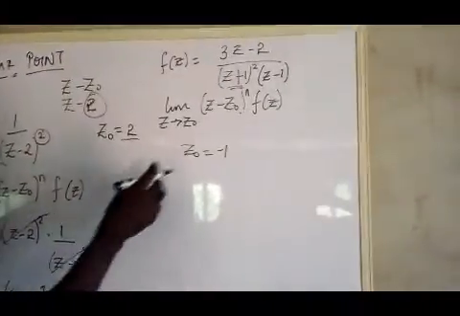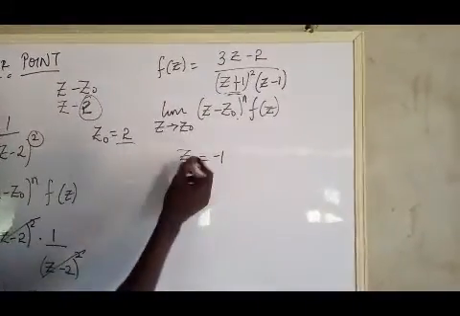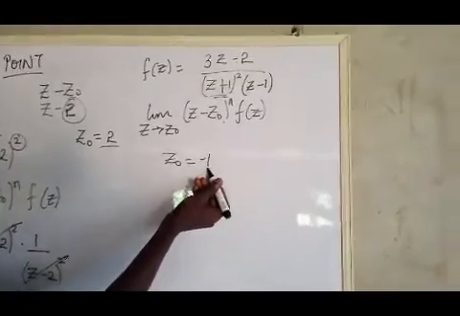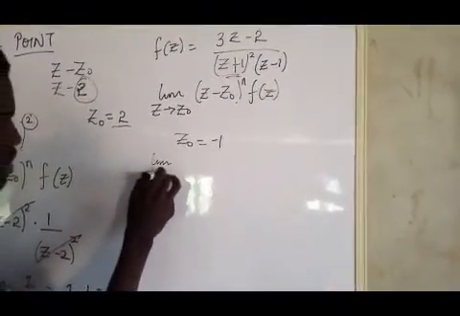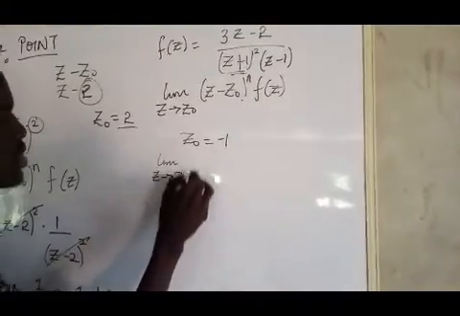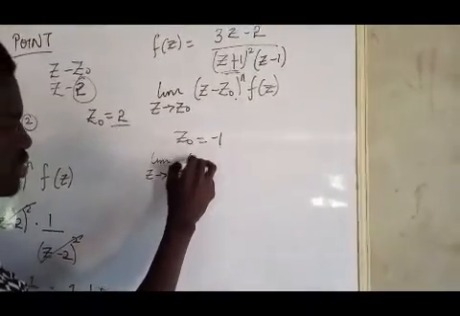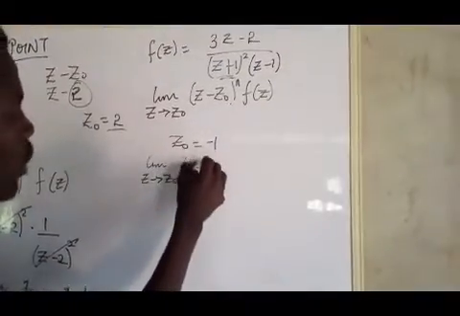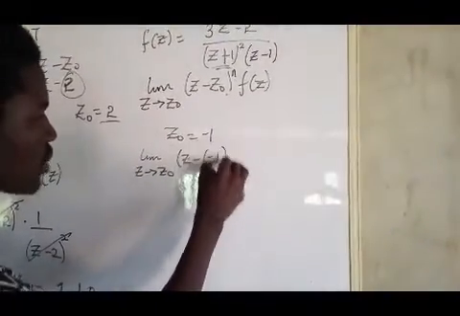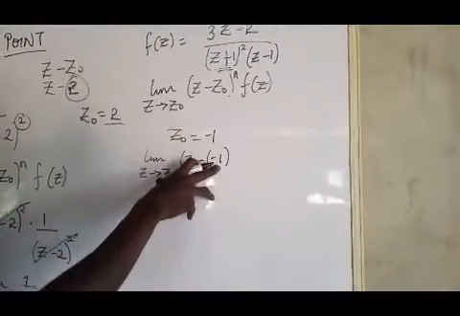Alright. So let's run through this. Our z naught is minus 1. So that will have limit as z tends to z naught of z minus, z plus minus 1, because our z naught is minus 1.